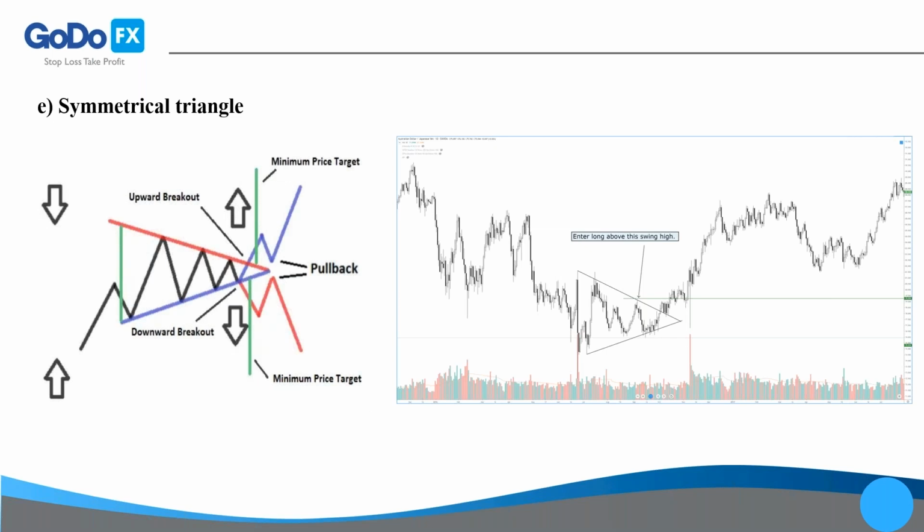So to indicate our target, before indicating the take profit, if the chart moves to the downside, it should break out of this support line.